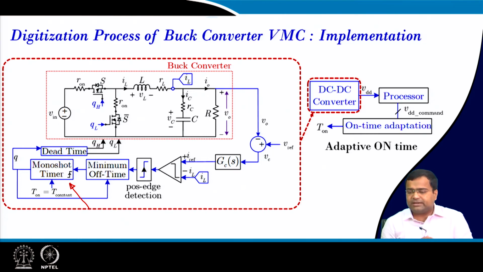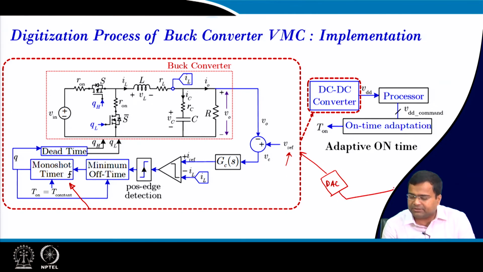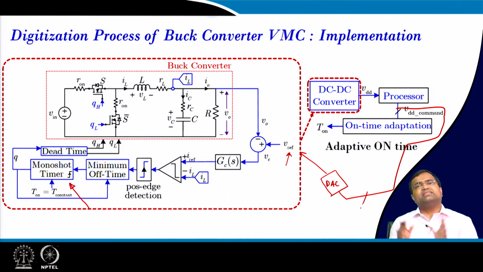One possibility is by means of VDD. Suppose we need to program the VDD of this supply; that means we will change the reference voltage, as we have discussed. We will be using a DAC here, and the DAC will have this information and will change the reference voltage.